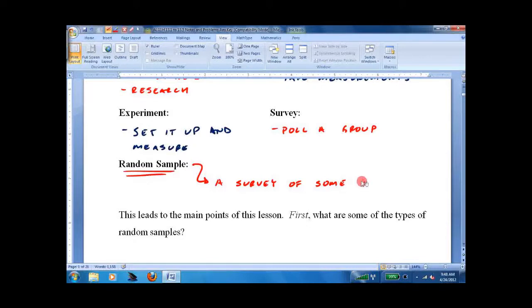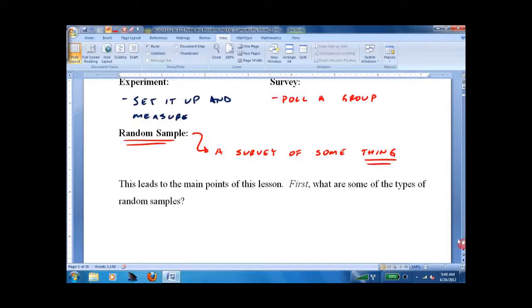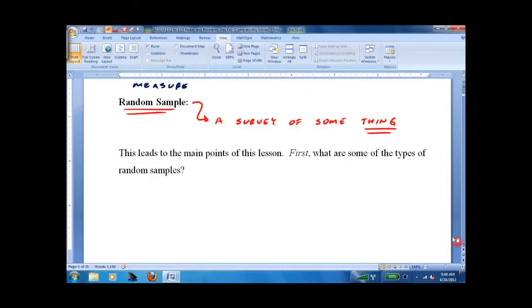So it could be a survey of anything, but it's some particular thing we're actually trying to study. Well, what are some of the types of random samples? Well, there is simple, stratified, and systematic.